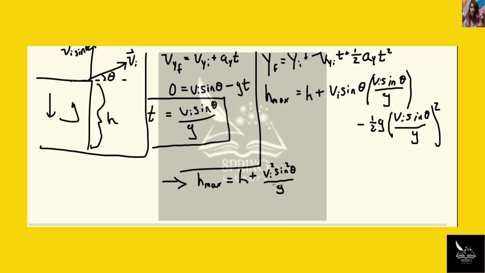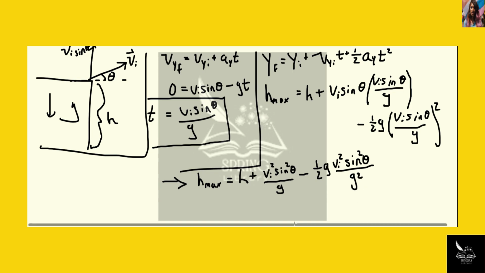And we have the minus one half g. It would be 9.8, but we're going to leave it in terms of g for now. Then distribute that square: Vi squared sine squared theta, and of course the g gets squared as well, g squared.